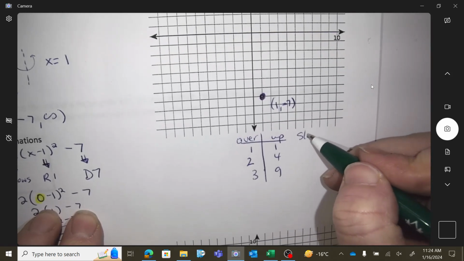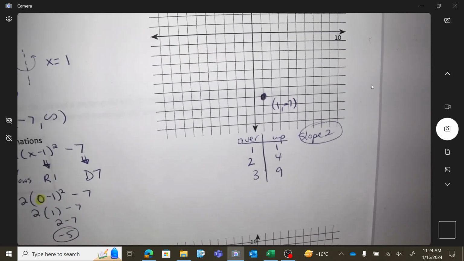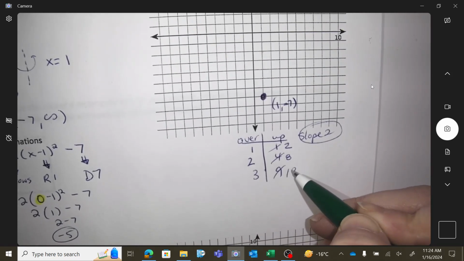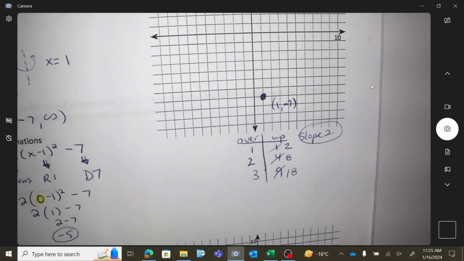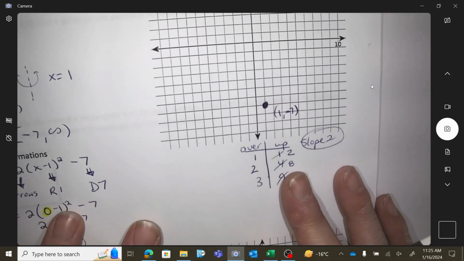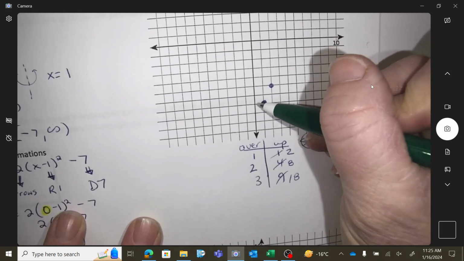But we had a slope of 2. So what do I do instead? This would have to be 2, 8, 18. Times by 2. Okay, does that make sense? It's a times by 2. Okay, so I'm going to go over 1, up 2.